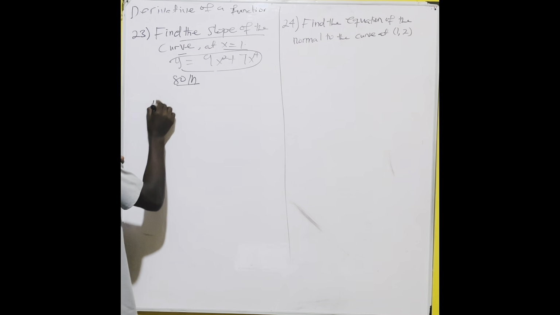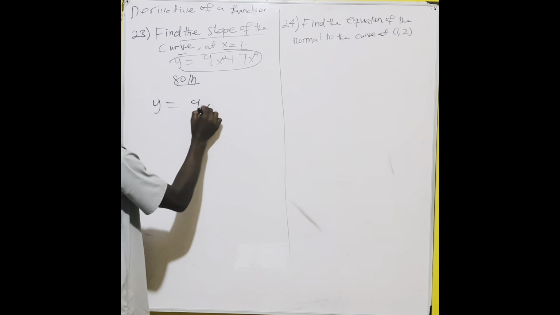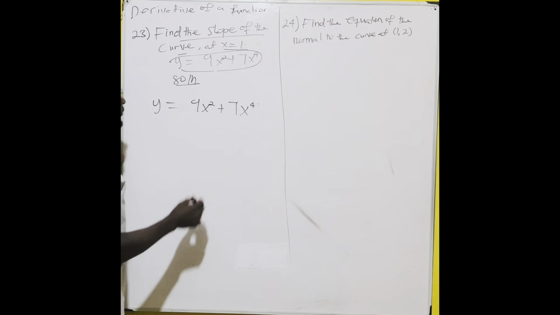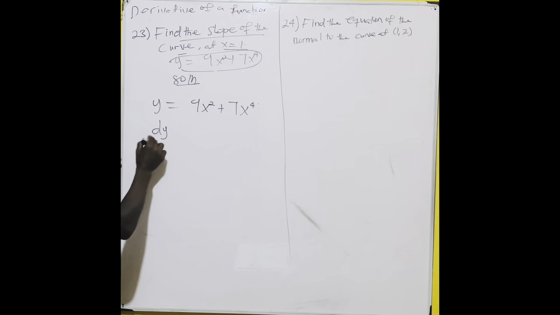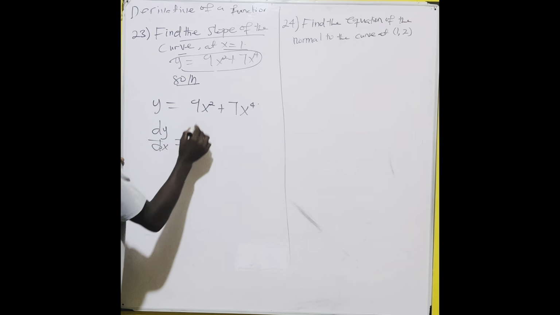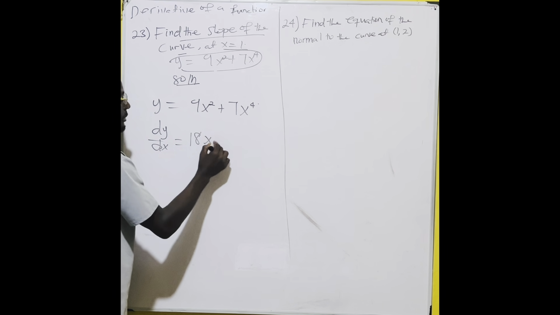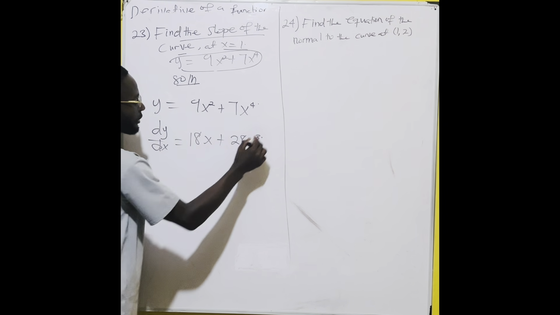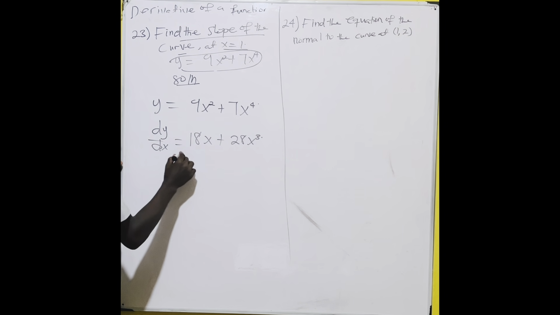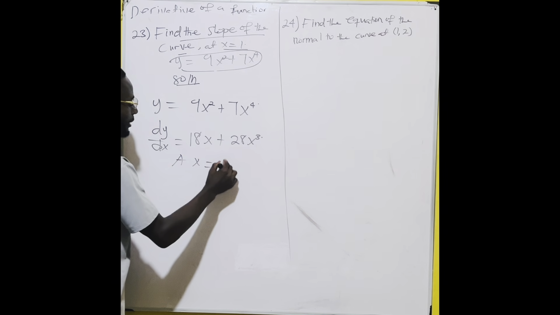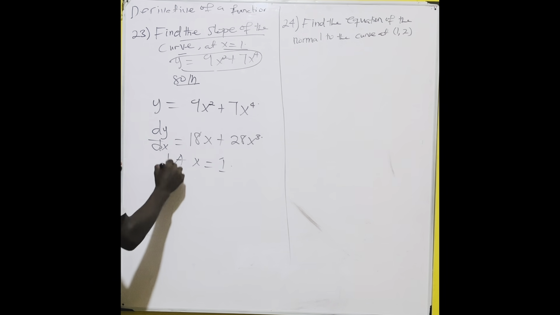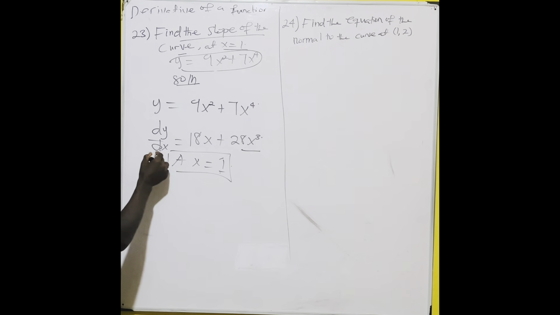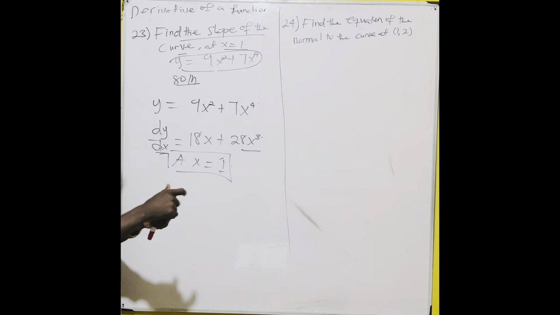Okay, so y equals 9x squared plus 7x to the 4. The derivative of that is going to be 18x plus 28x cubed, and we have x at 1. So we substitute x equals 1 into this, then we find the gradient.